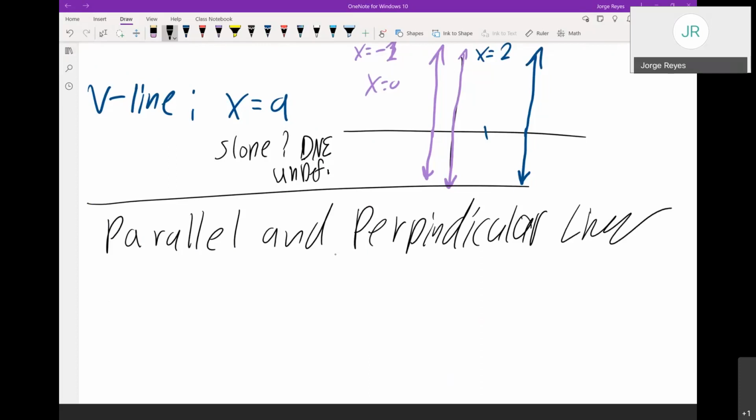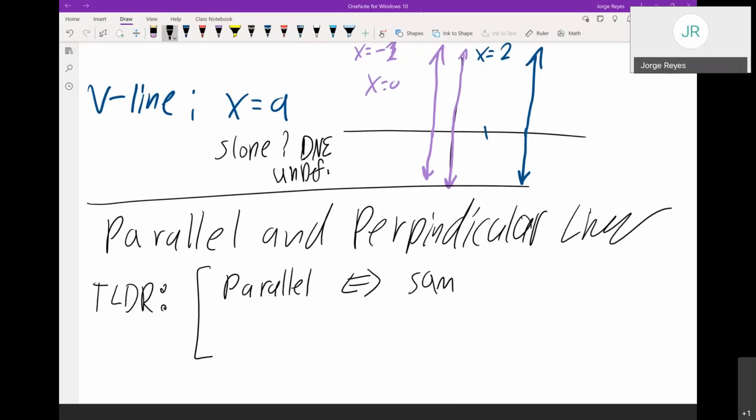So parallel and perpendicular lines. The short story, the fast way, is lines are parallel if they have the same slope. So same slope, parallel.